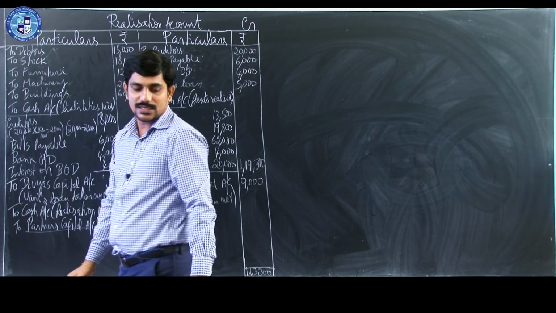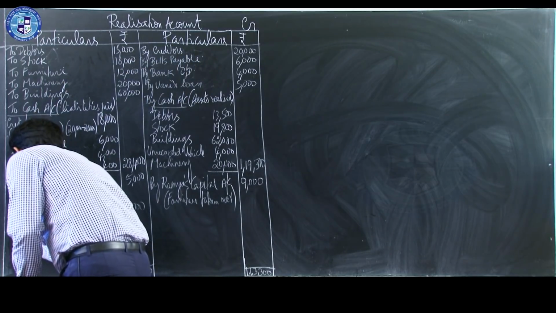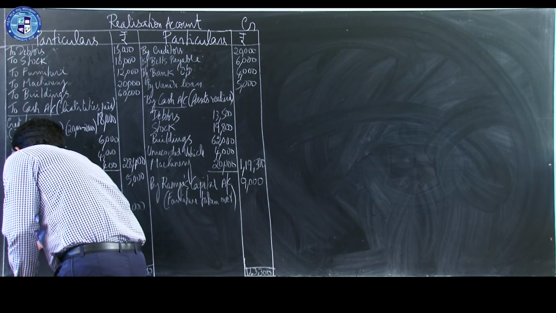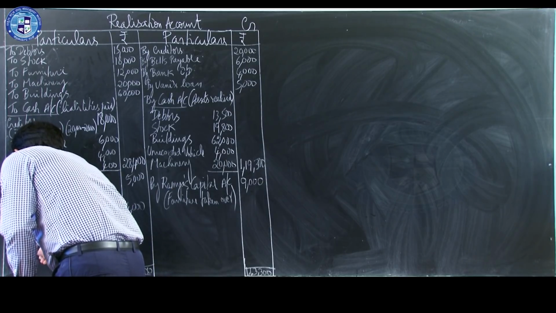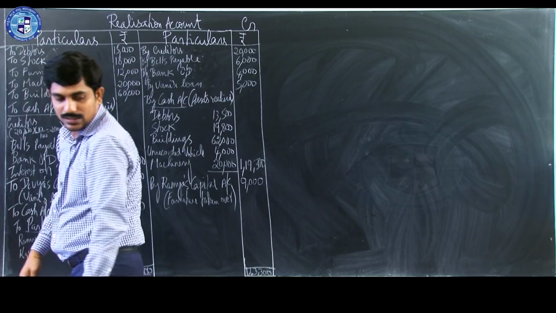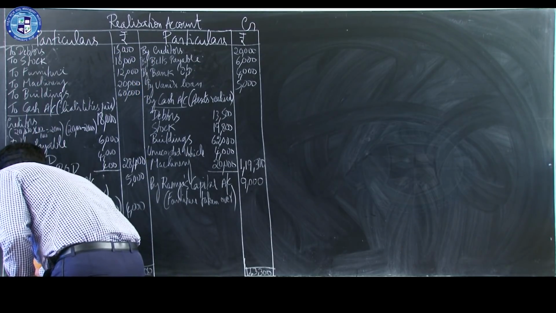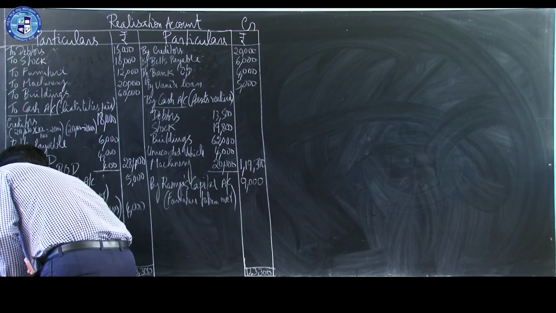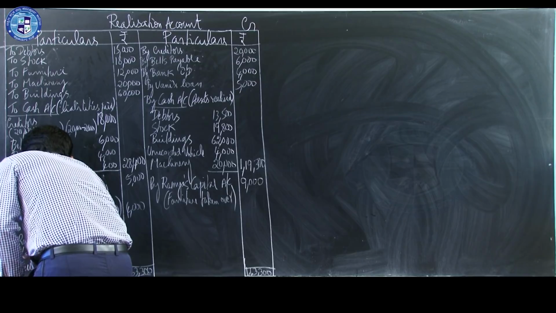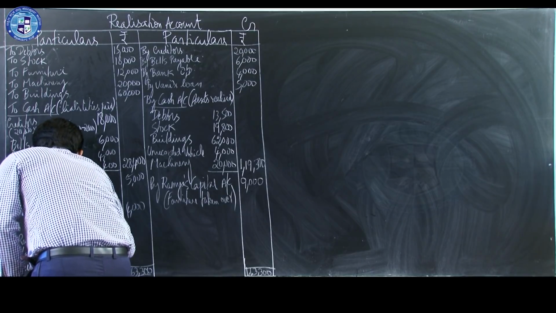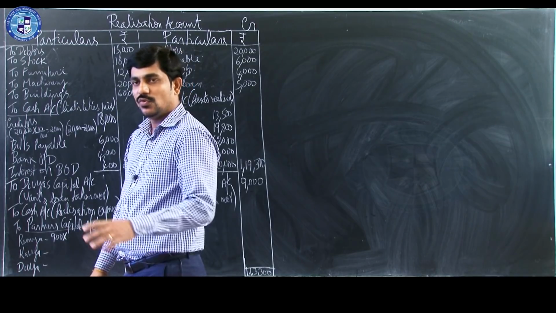Who are the partners here? Ramya, Kavya and Divya. We need to transfer to the partners capital accounts according to their profit and loss sharing ratio. What is their ratio? It is 1:2:1. So write the balance amount, that is 900 into 1:2:1. 1 plus 2 plus 1, total share is 4.